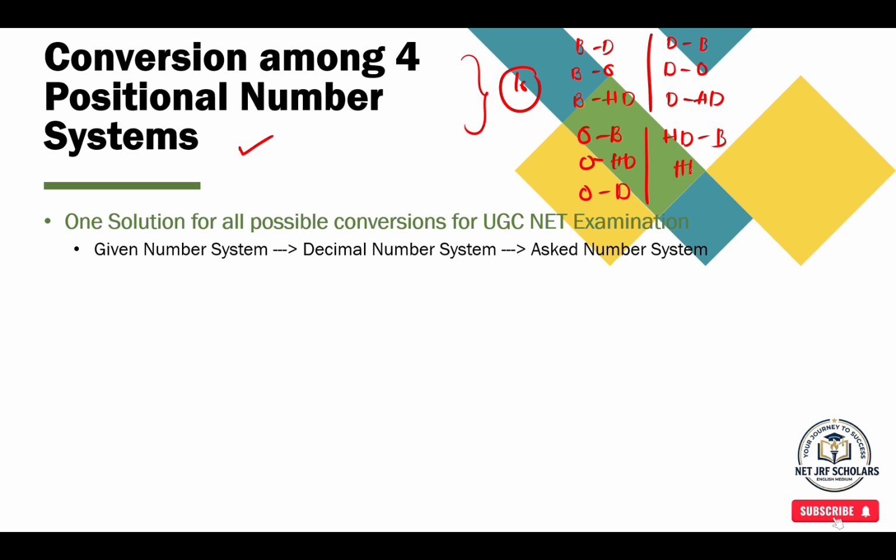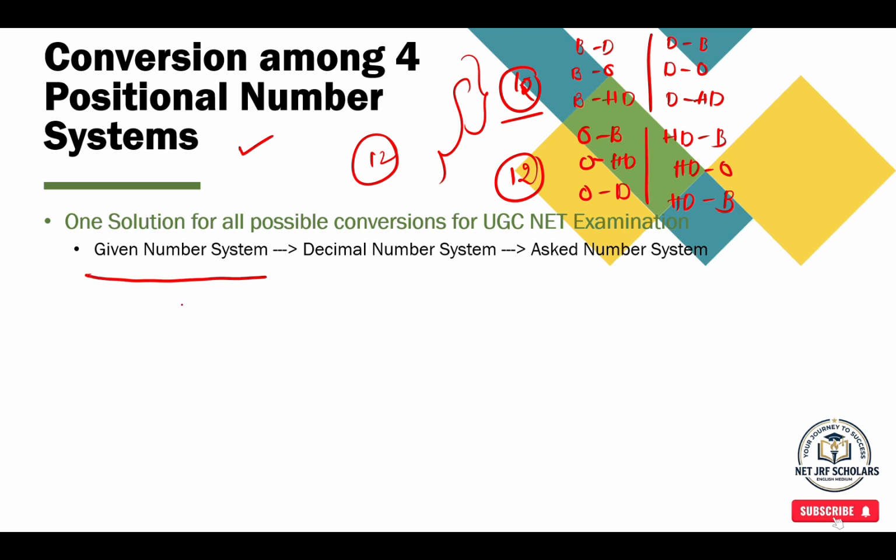Next we have hexadecimal to binary, hexadecimal to octal, hexadecimal to decimal. So they can ask you in 12 types, but I will provide you a single solution for all these 12 types of conversion.